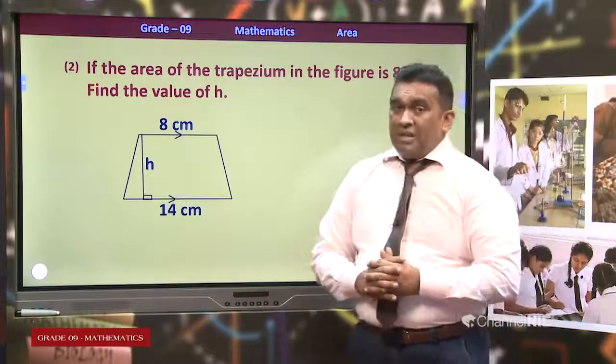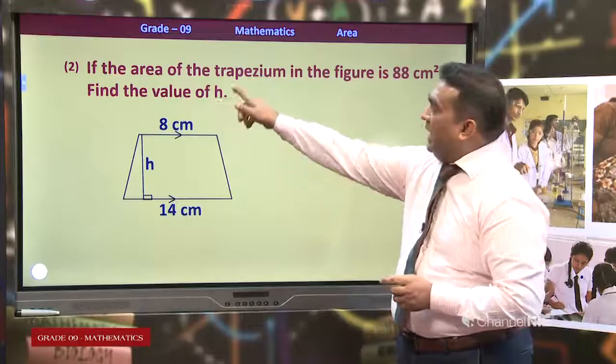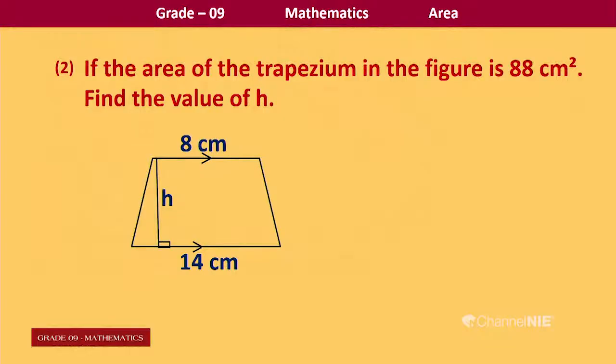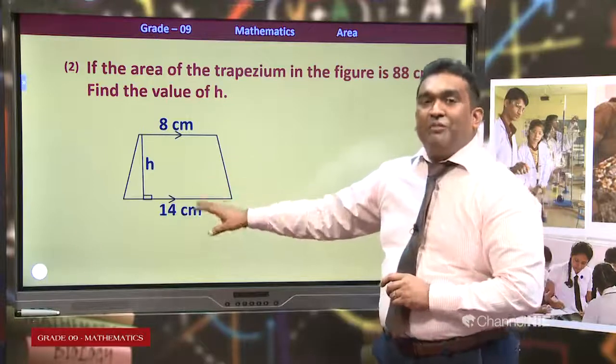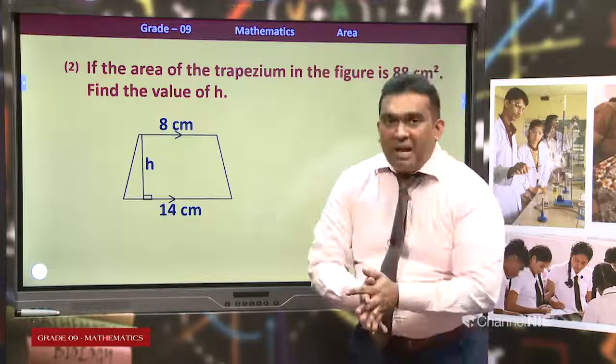Now, the opposite case here, what is that? If the area of the trapezium in the figure is 88, find the value of h. How to find out the value of h? You have to develop a simple equation in terms of h. Using the definition of the area of a trapezium, you can build up an equation.